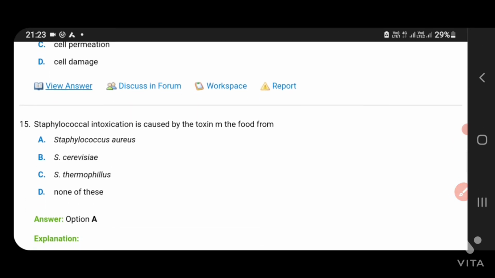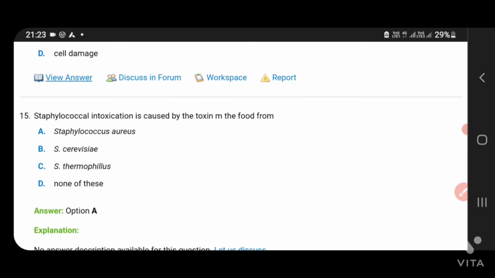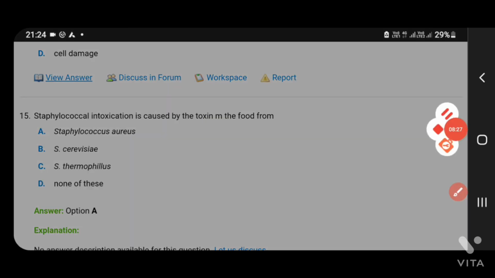Okay. Next is staphylococcal intoxication is caused by the toxin in the food from what? Staphylococcus aureus. The microorganism name is Staphylococcus aureus. Okay.